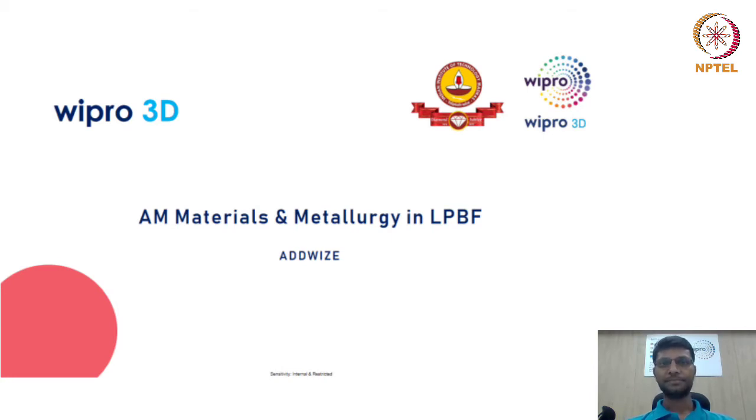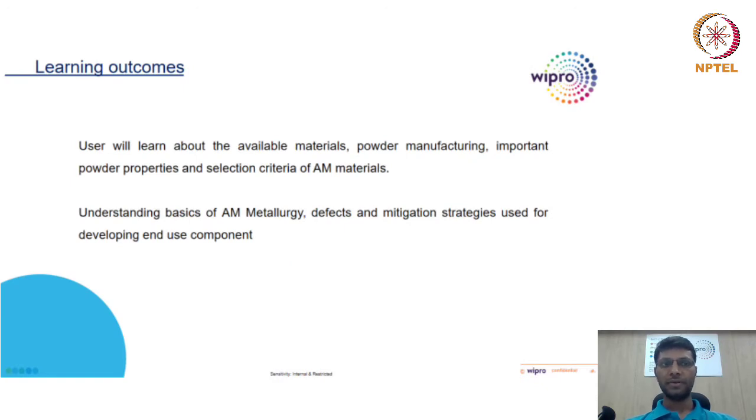After this session, the user will learn about the available materials in additive manufacturing and specifically for LPBF, the powder manufacturing processes, and important powder properties which we check before certifying any powder, and selection criteria of AM materials. We will go through some basic principles of metallurgy for additive manufacturing.